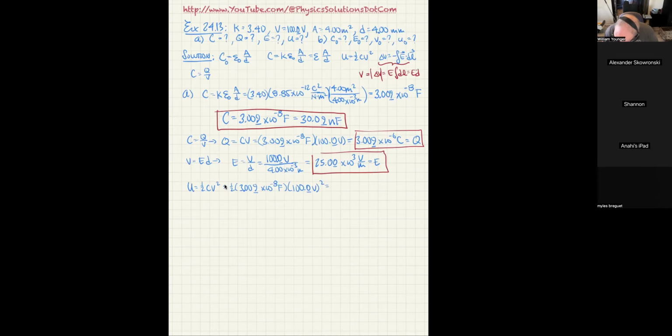So when I do this multiplication, I get 0.5 times 3.009 times 10 to the negative 8 times 100 squared, and that gives me 1.505.